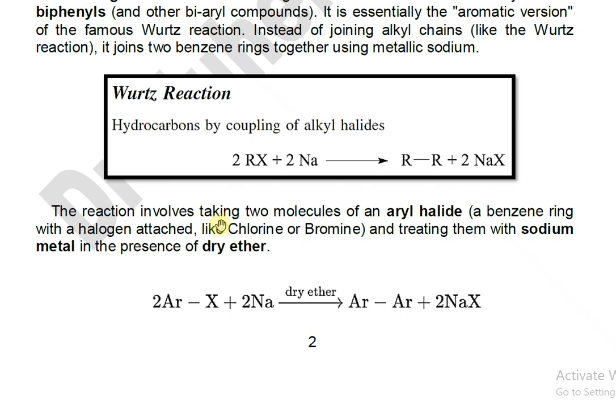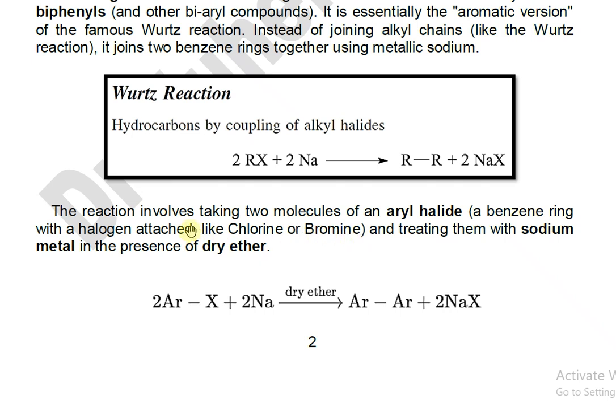The reaction involves taking two molecules of aryl halide, a benzene ring with a halogen. We know what aryl halide means: the halogen is directly bonded to the sp2 aromatic carbon.